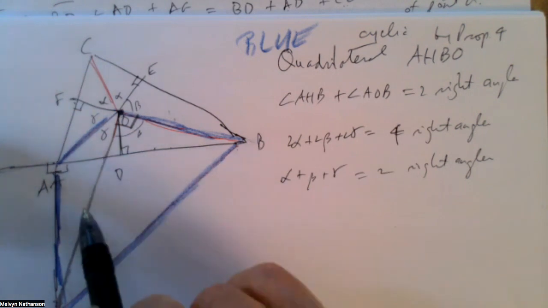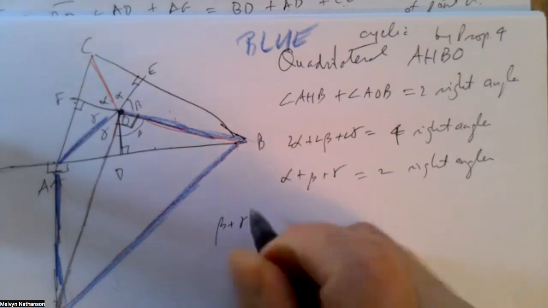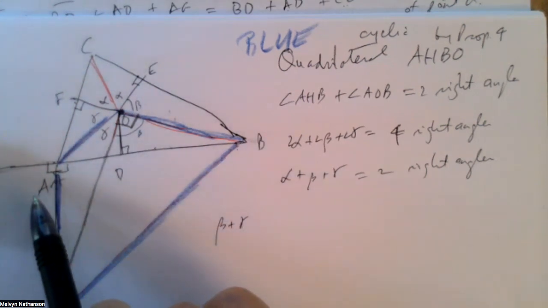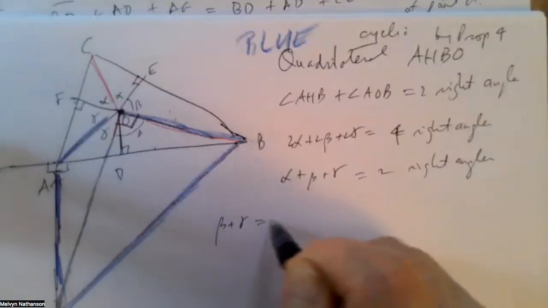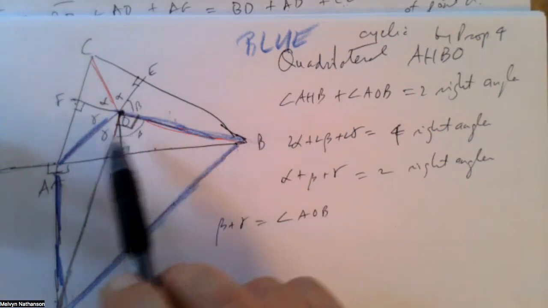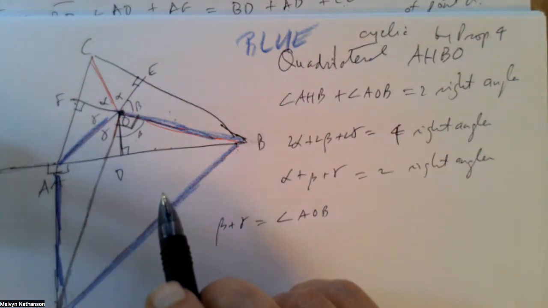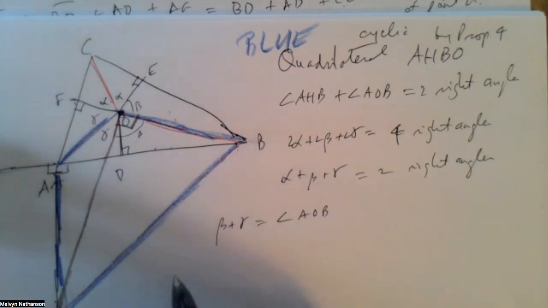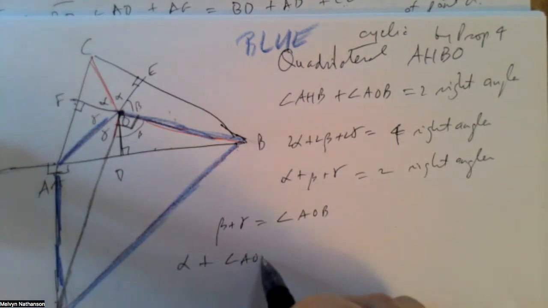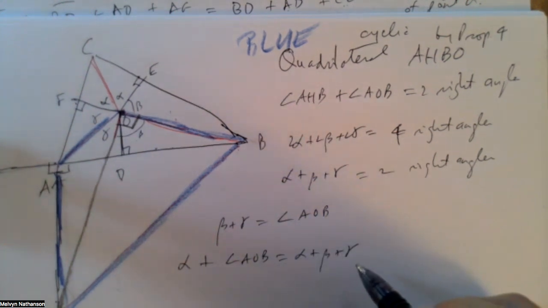But beta plus gamma is angle AOB. Angle AOB is beta plus gamma. And so alpha plus angle AOB is alpha plus beta plus gamma, which is 2 right angles.